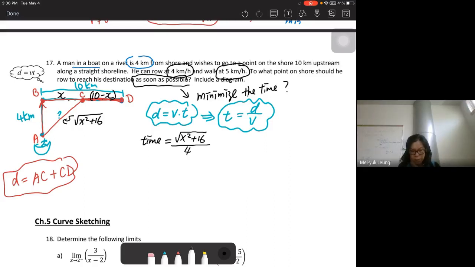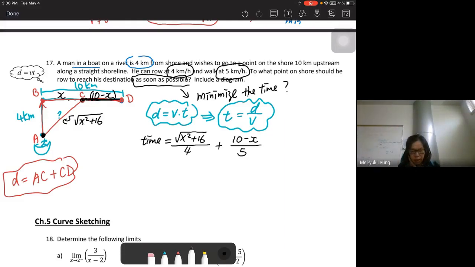So this first expression represents the time it takes to get from point A to C by boat. Plus the second part, the walking distance, which is 10 minus x, divided by the walking speed, which is 5.